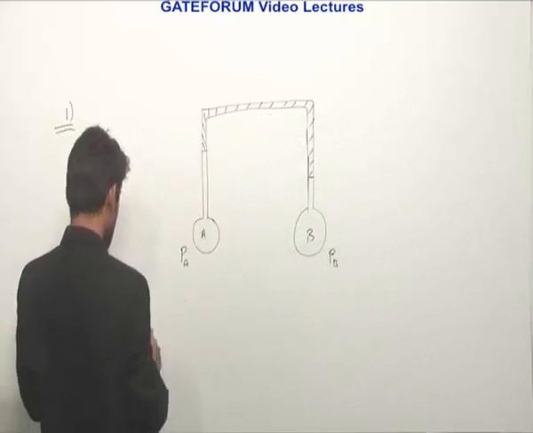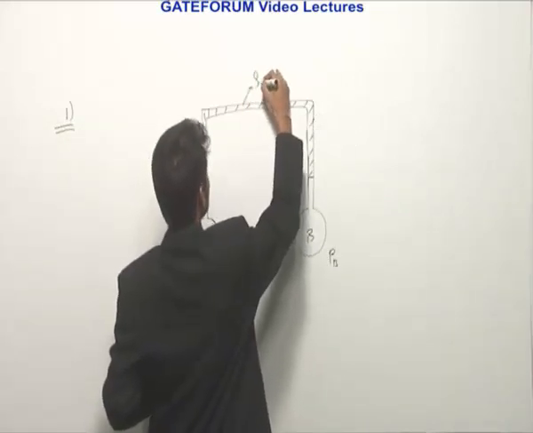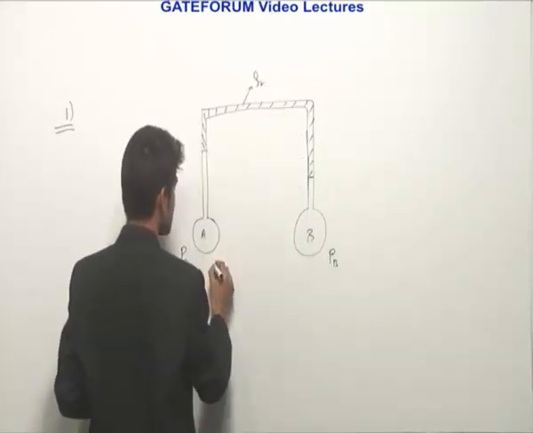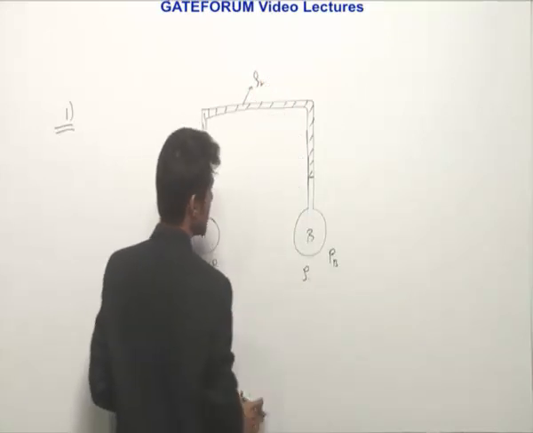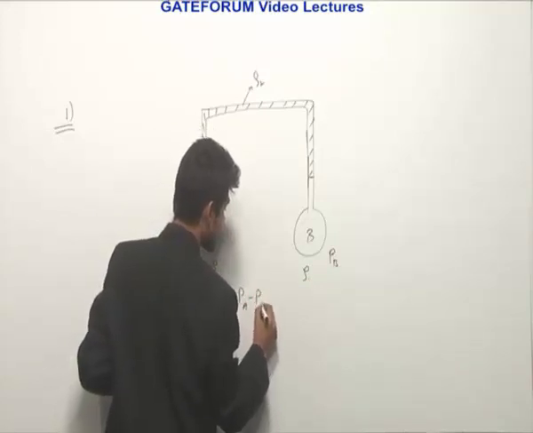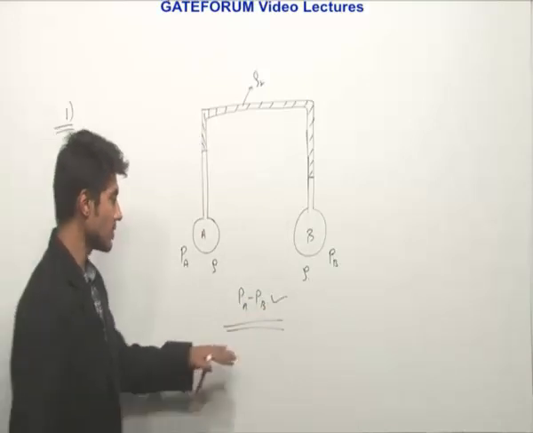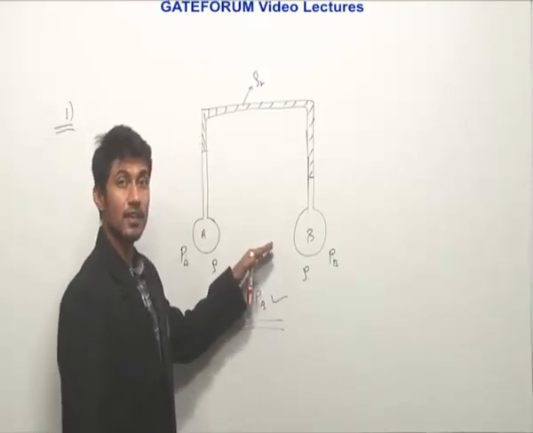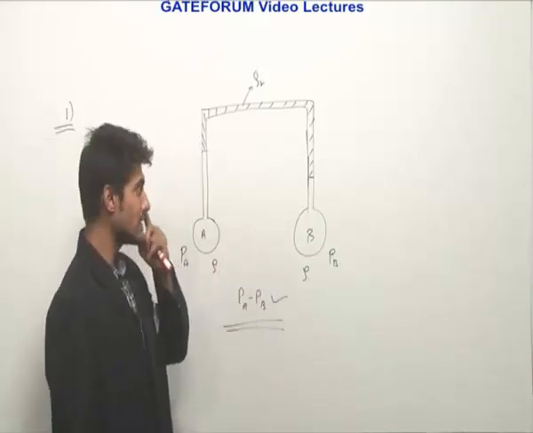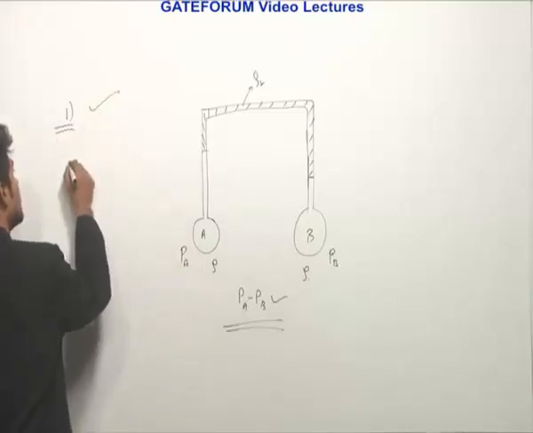So we use some fluid of lesser density. Let us say it is density 1, here some density will be there, here some density will be there, but it will be utilized to measure PA minus PB. This is what is asked in our question. So yes, the differential inverted U-tube manometer is used for pressure difference measurement.